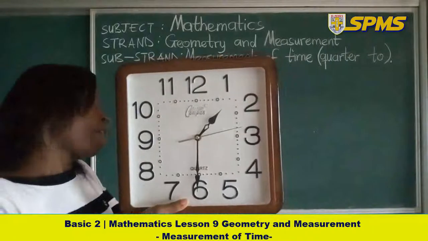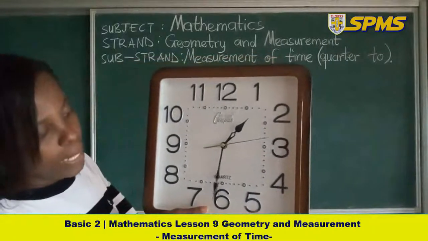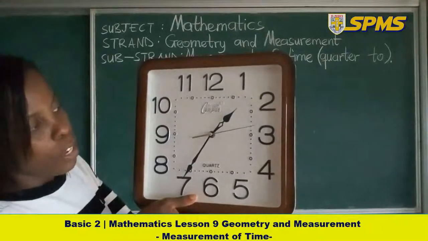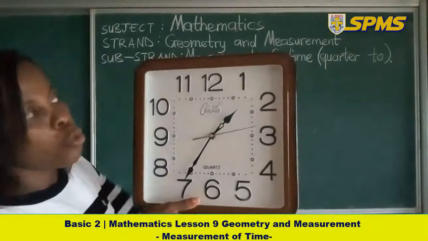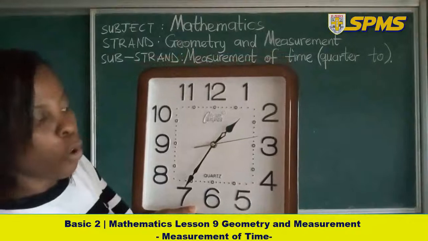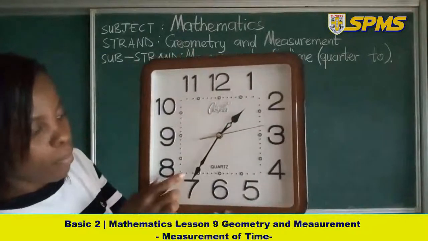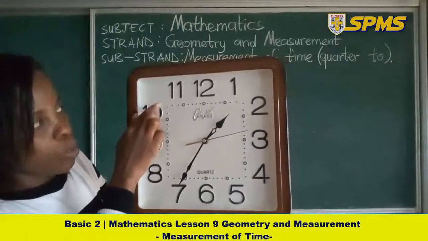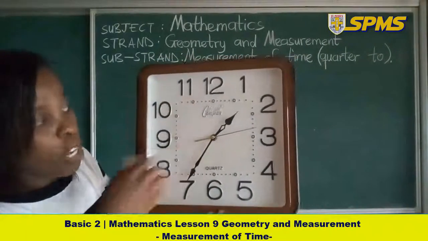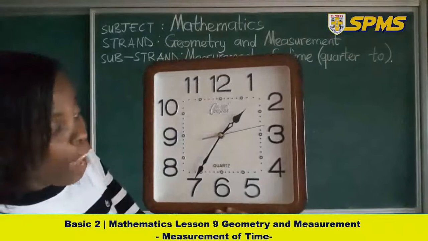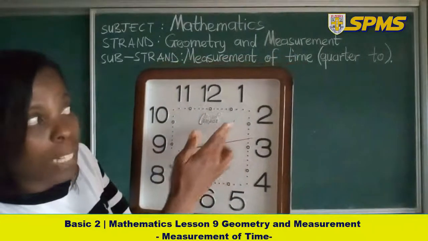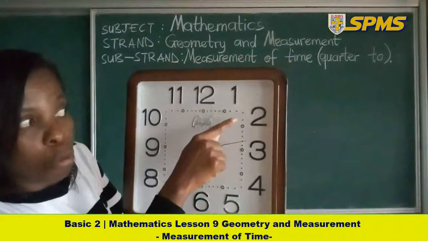So what if the minute hand gets to 7? How many minutes will be left for the minute hand to get back to 12? Let's count the minutes. 5, 10, 15, 20, 25. So you can say 25 minutes to 2, because the hour hand will move from 1 to 2.